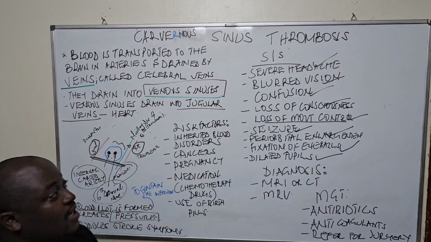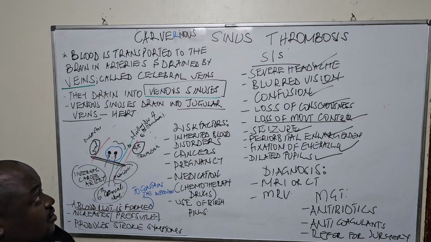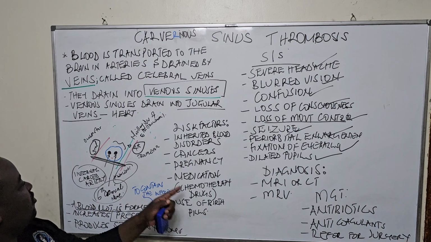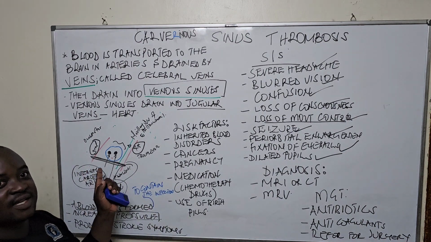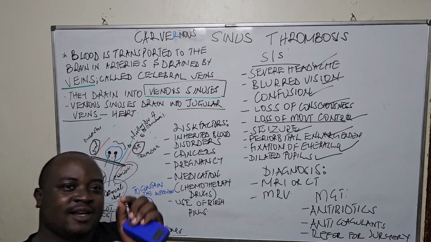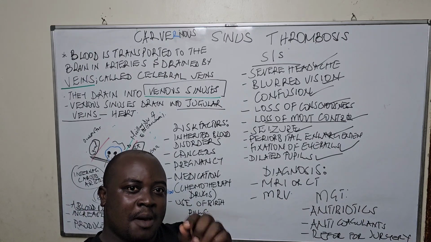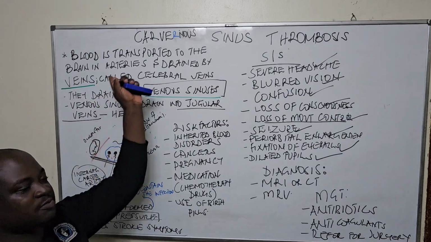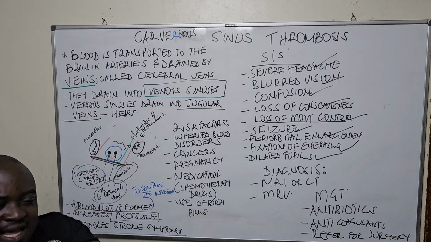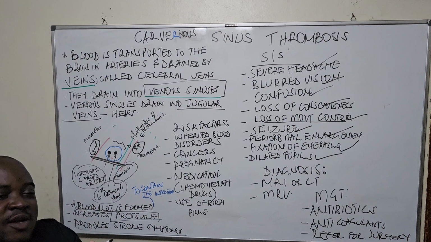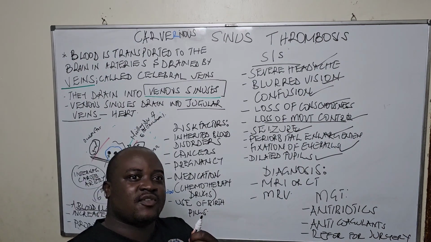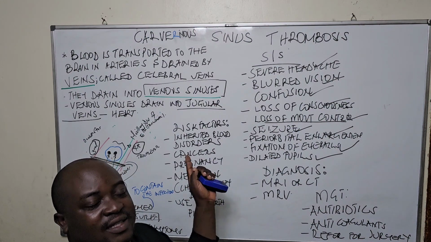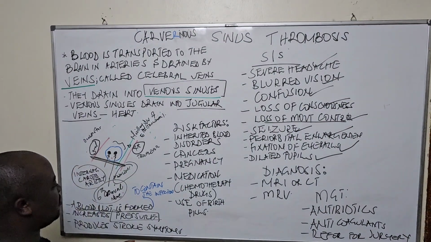All these are signs and symptoms of cavernous sinus thrombosis. Because a blood clot is formed by the body itself to stop the infection from spreading, when that is done, pressure increases, and when the pressure increases, you can easily have a rupture of any of these veins, and whenever it ruptures, we can have all this.